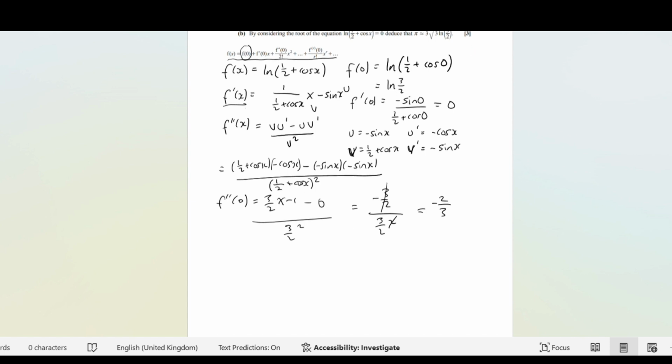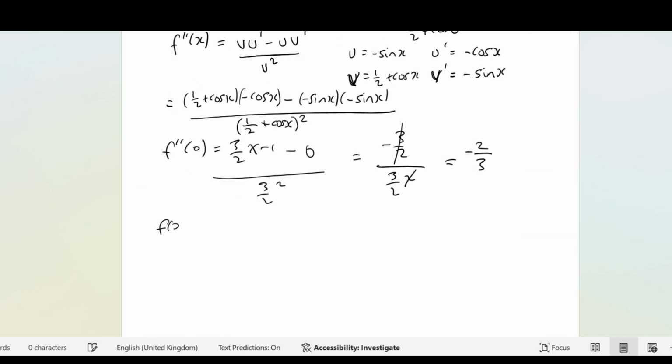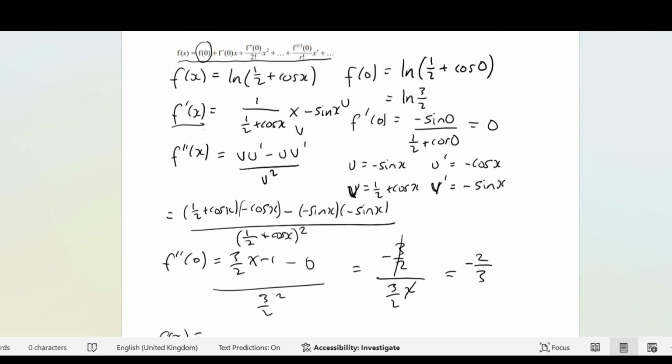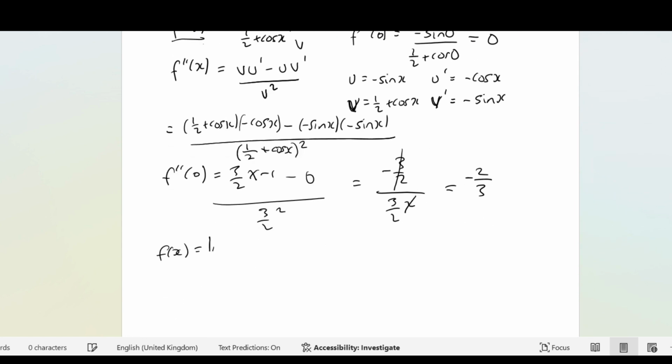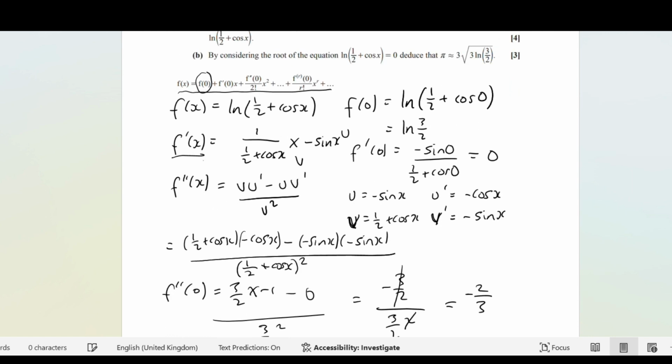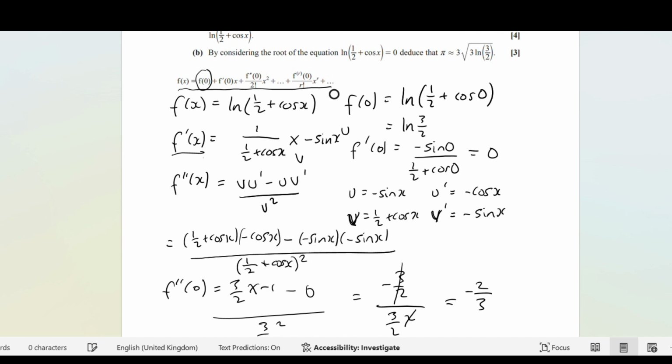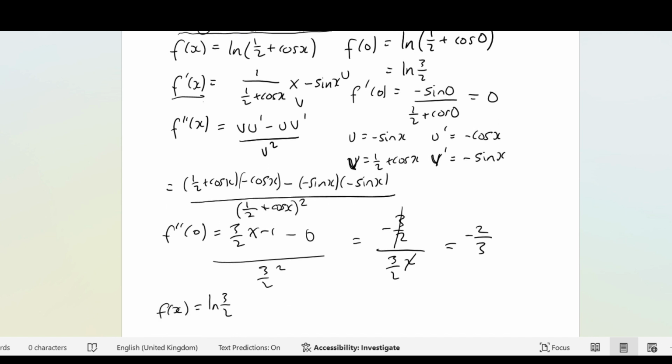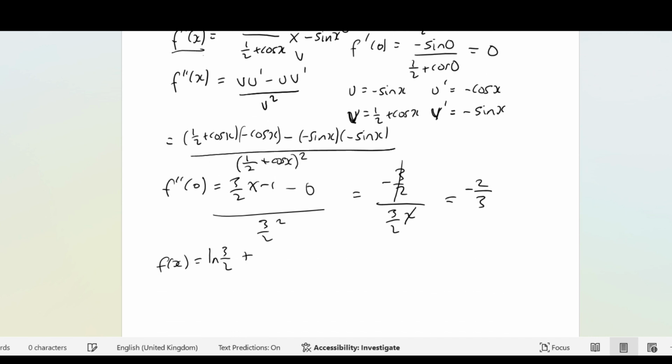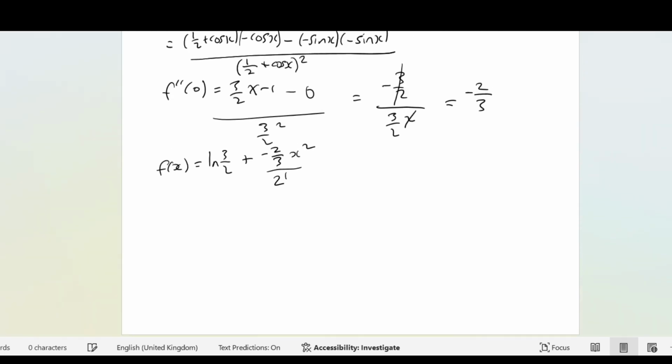So what we get is f of x equals f of 0, which we found out was ln 3 over 2, and then the next term is f dash of 0 x, but obviously we know f dash of 0 is 0, so then we go to the next term, and it's f double dash 0 over 2 factorial x squared, so that would be plus negative 2 over 3 x squared all over 2 factorial, and we know that 2 factorial is just 2, so this will cancel out with this, and our final answer is ln 3 over 2 minus x squared over 3.